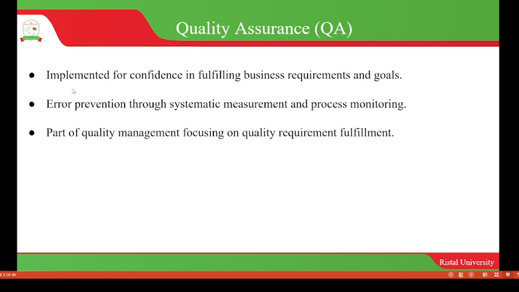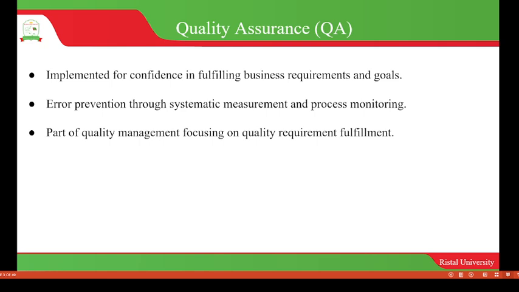And the error prevention is mainly done through systemic measurement and process monitoring. That's why we say quality assurance mainly aims at stopping defects or faults from occurring, and it does that through efficient processes.